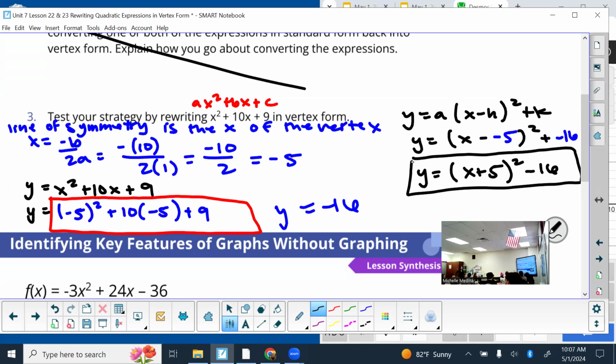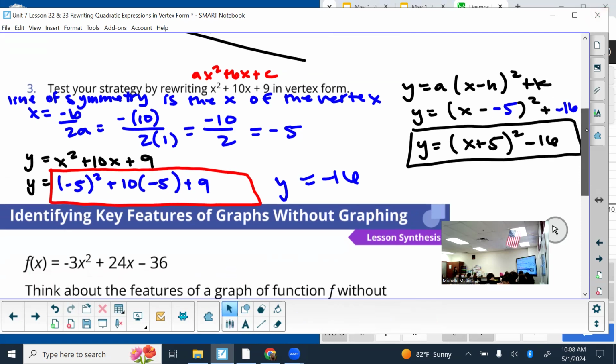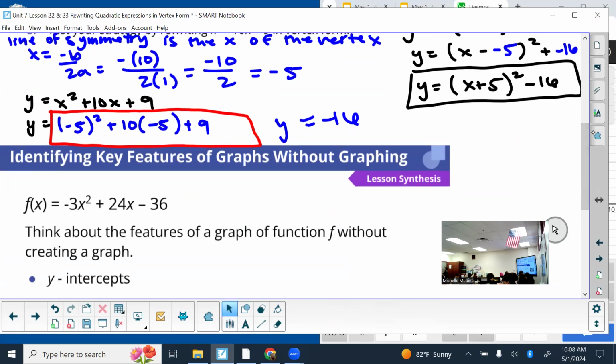These next two questions are kind of similar to the warm-up, where you're identifying vertex, x and y intercepts, and line of symmetry. You are supposed to try them without graphing. Of course, if you have graphing on your test, you can always check your answer, but these are really great test questions.